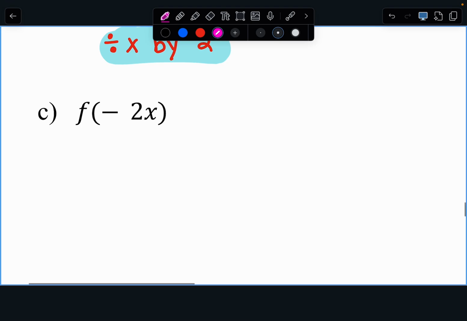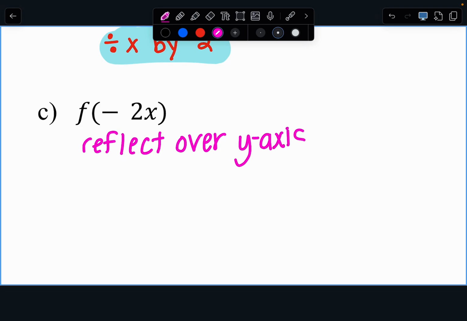This transformation in here, there's actually two. This flips over your y-axis, so it's flipping this way.